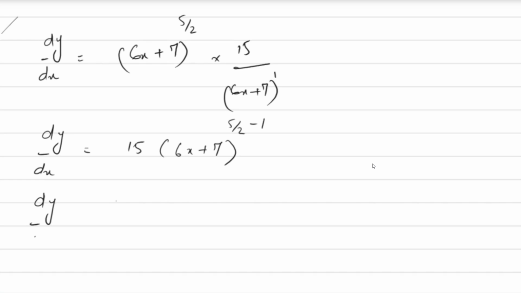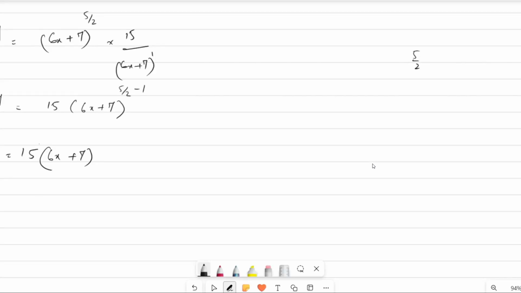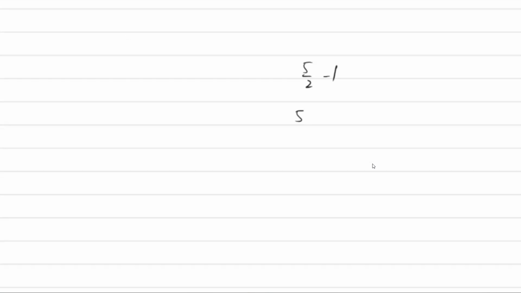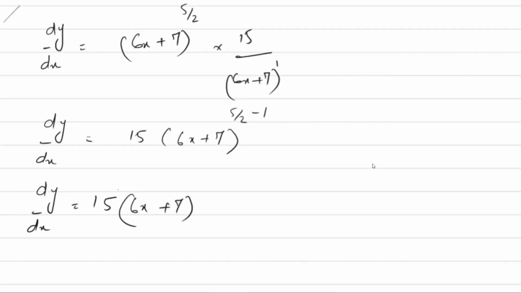So dy by dx is equal to 15 (6x + 7) raised to the power 5/2 minus 1. So it would be 5 minus 2, that would be 3/2. So 15 into (6x + 7) raised to the power 3/2.